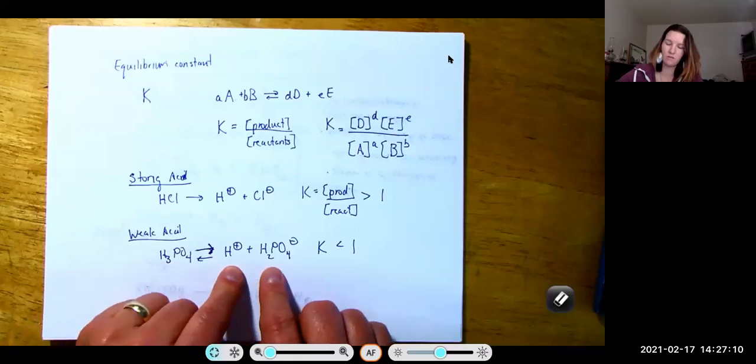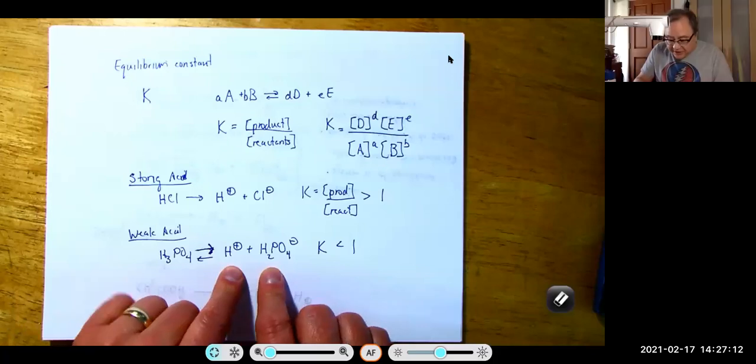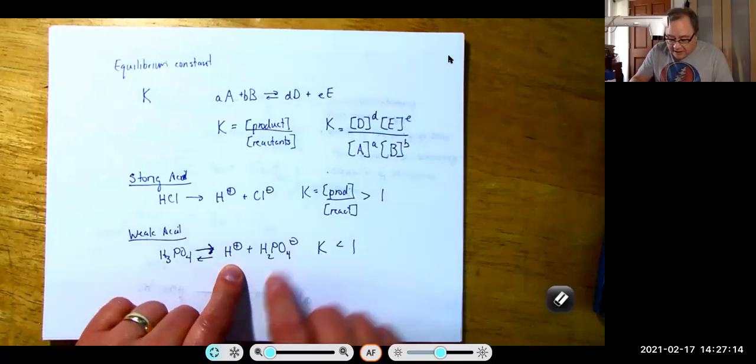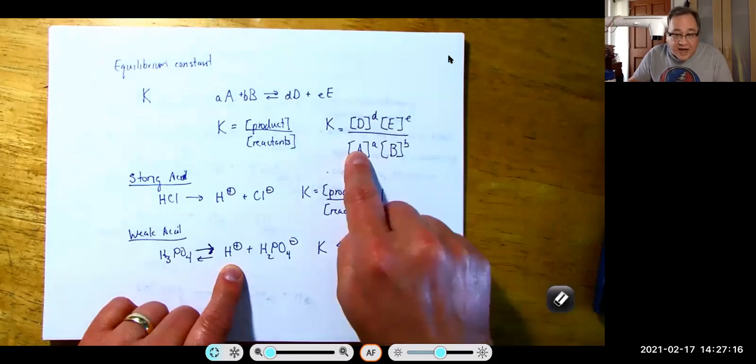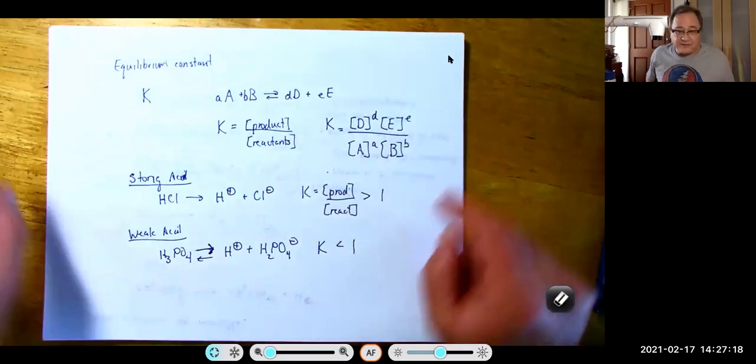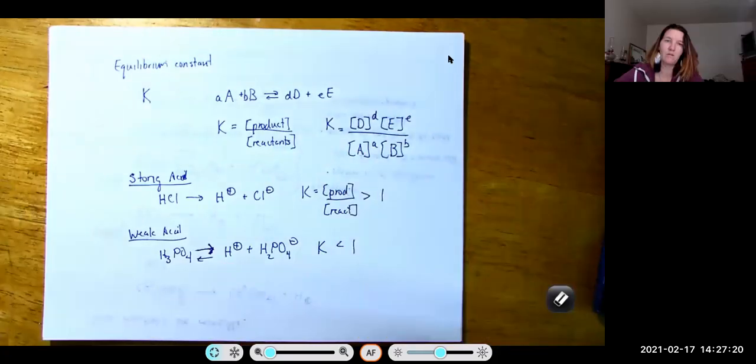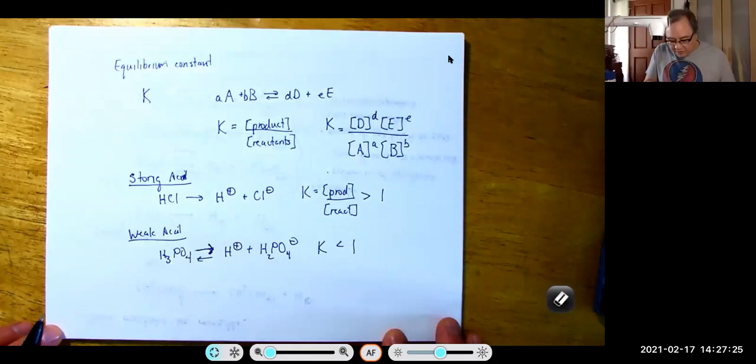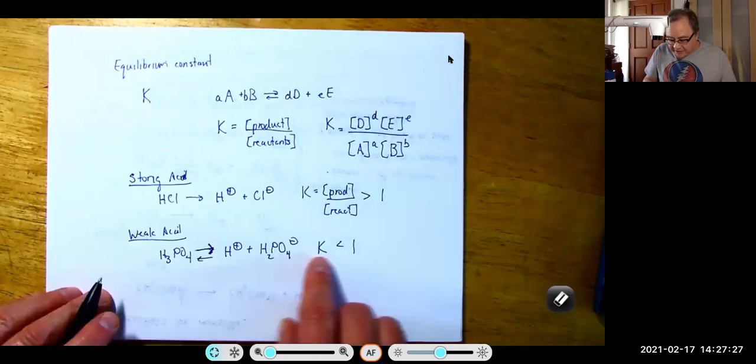So if you can imagine in this equation here, you've got 1 times 1 over 100,000. Is that going to be less than 1? A lot less than 1, right? So for weak acids, the equilibrium constant will be less than 1.